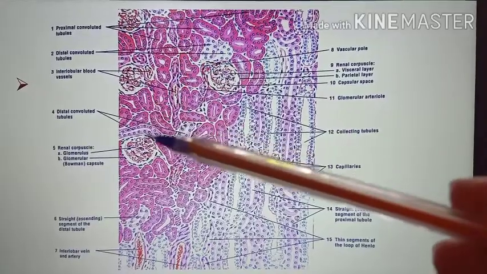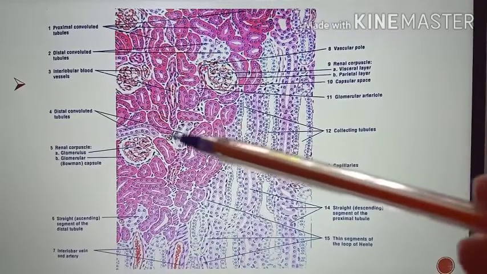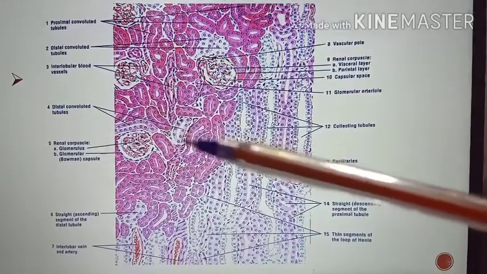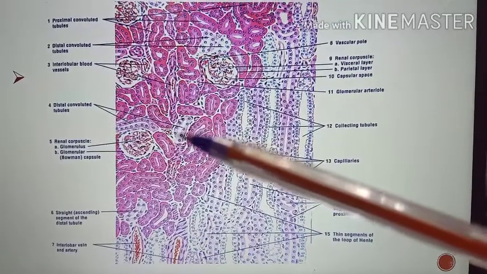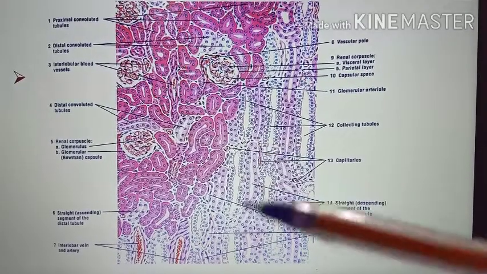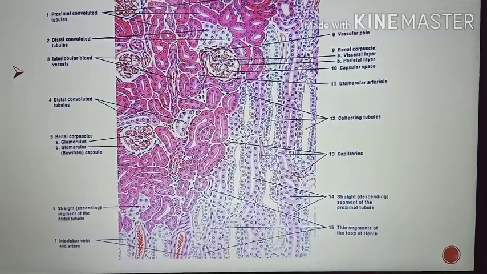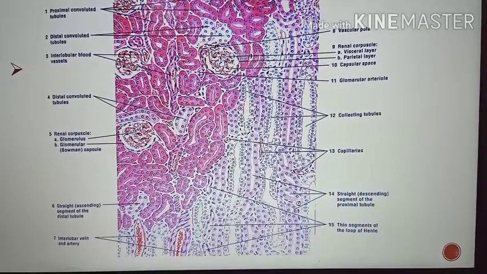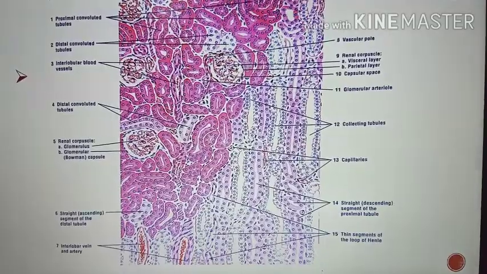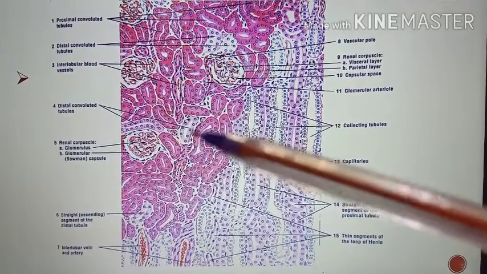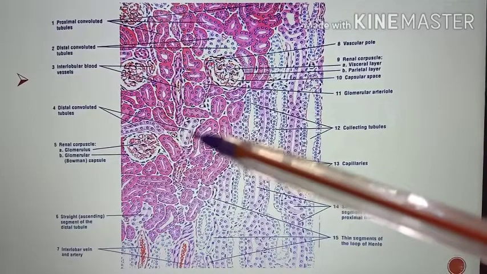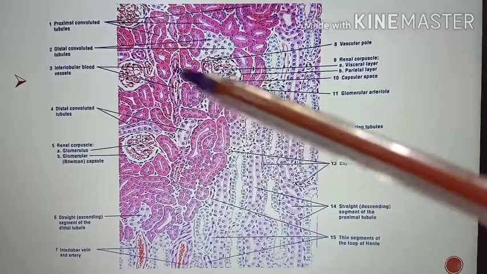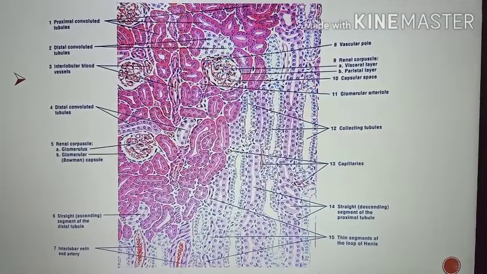Here the cells do not have microvilli. They do not have the brush border seen towards the lumen. The cells are 20 to 50 micrometers in diameter. They have a much larger lumen, larger compared to the lumen of the proximal convoluted tubule.